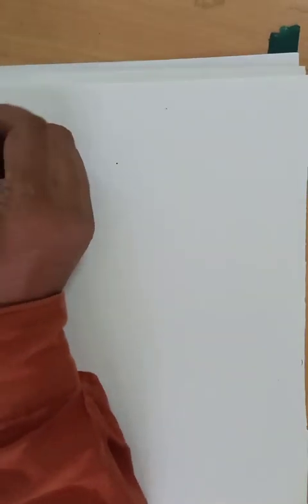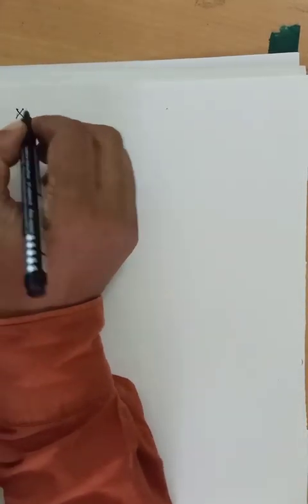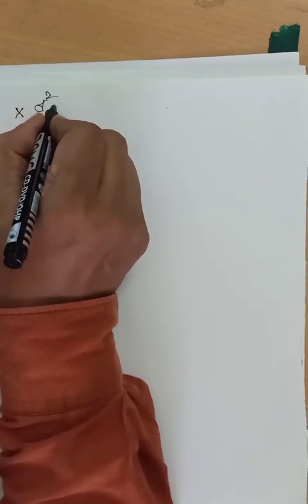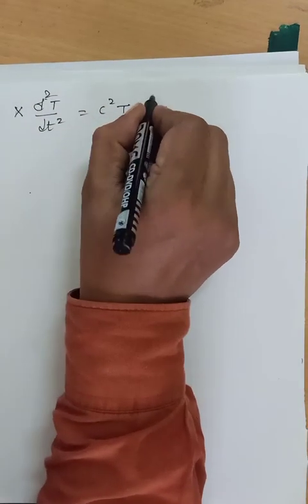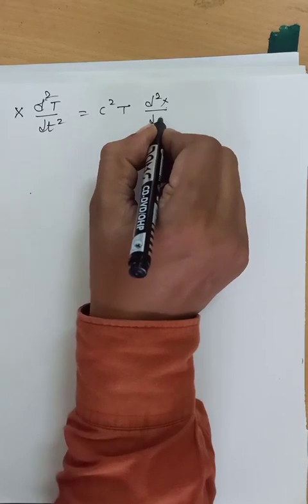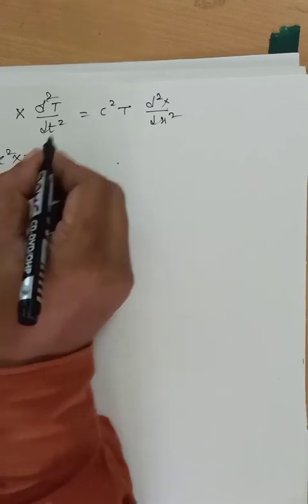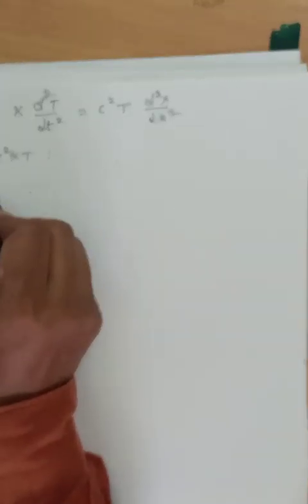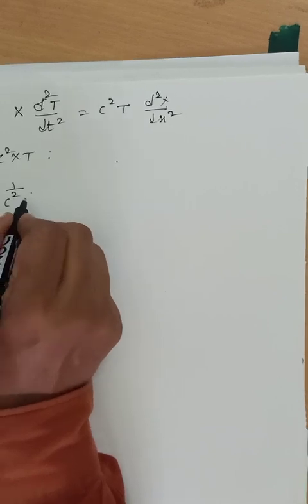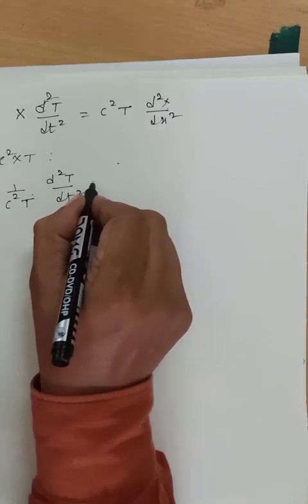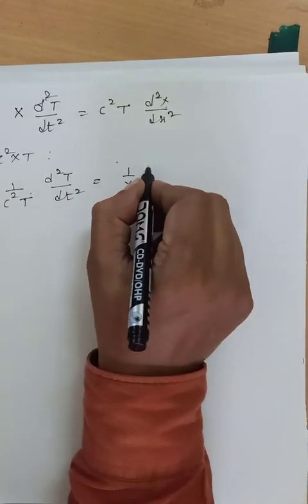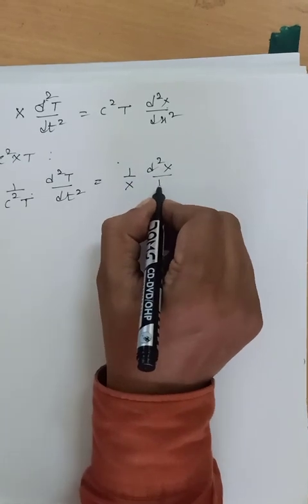Next step, you separate x and t, that is, X into d square T by dt square equal to c square into T into d square X by dx square. Divide both sides by c square XT, that is, 1 by c square T d square T by dt square is equal to 1 by X d square X by dx square.